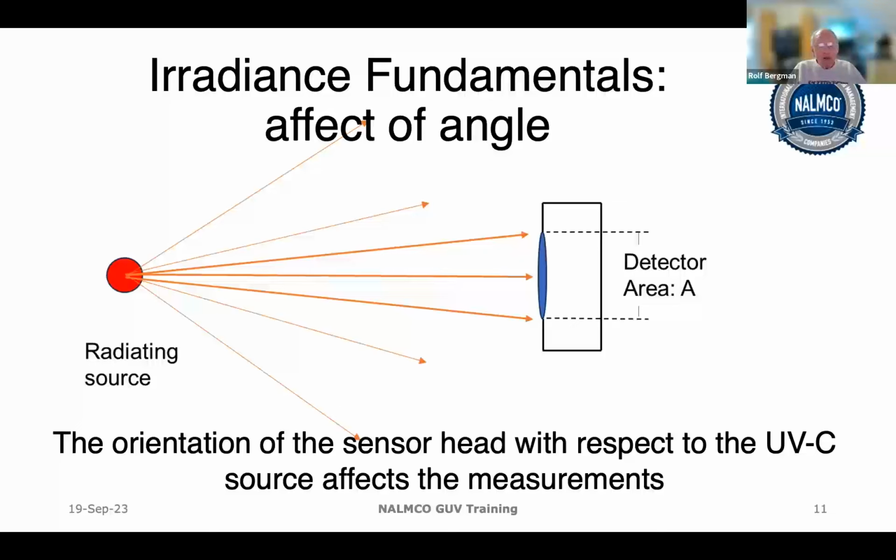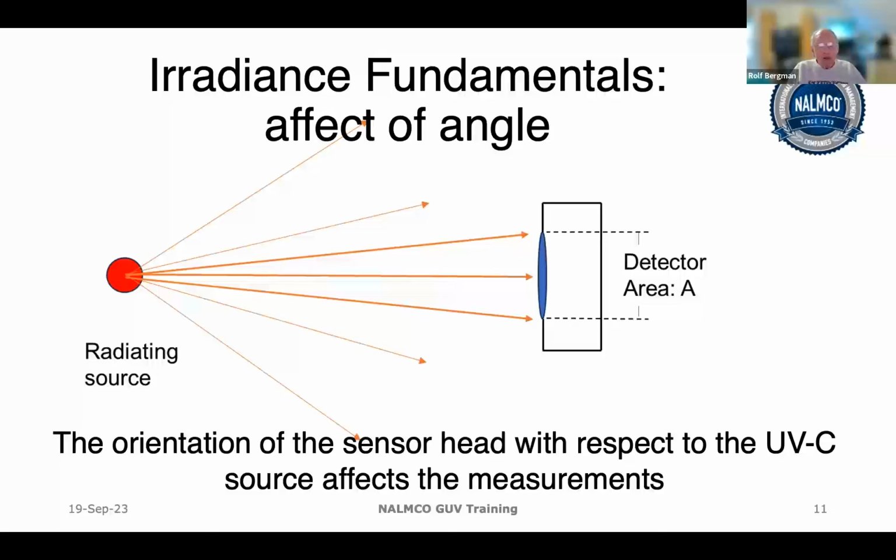Okay, so we've looked at the effect of distance and the effect of angle on the measurement of irradiance. Now we want to look at the units. Suppose the units are milliwatts per square meter, written as mW over m squared, with the 2 as a subscript.